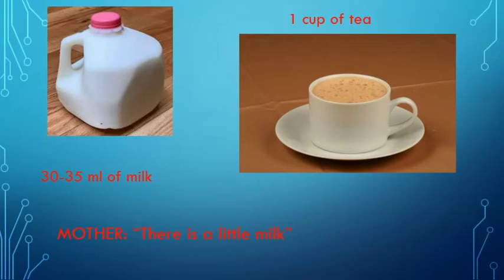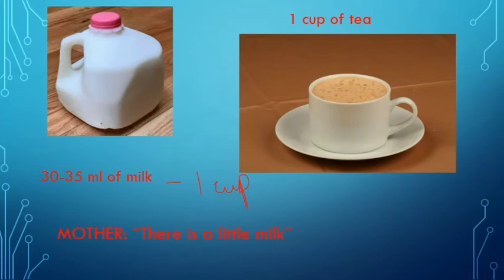And your father is asking your mother to make 3 cups of tea. Two for the relatives, one for him. So he is asking her to make 3 cups of tea. With this 30 to 35 ml of milk, your mother can make 1 cup of tea, not 2 cups.